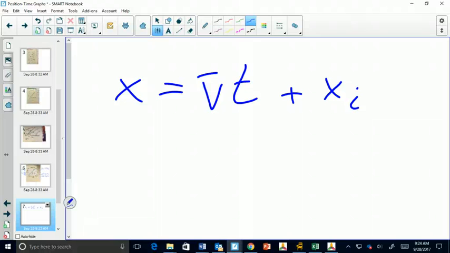But not always. x is distance in the x dimension, in the x plane. v is velocity, t is time. Initial means the starting x. Did you give someone a head start, or were they staying where they were? Okay. Whew. It's well done.